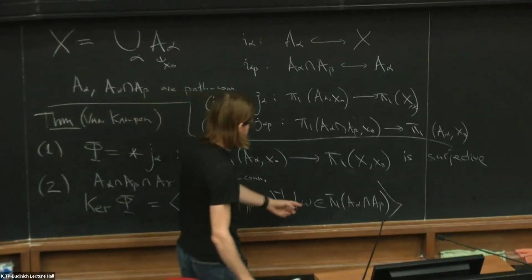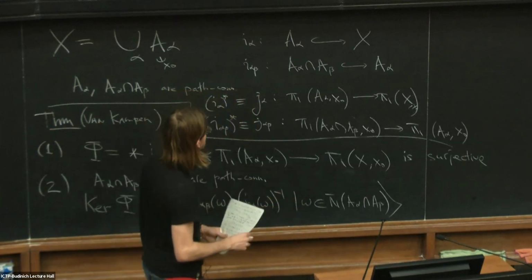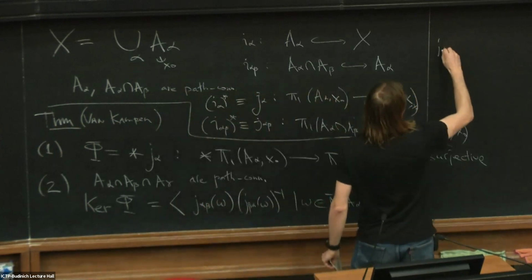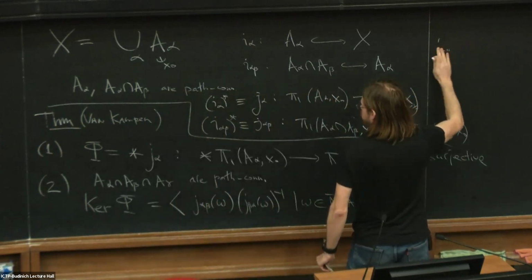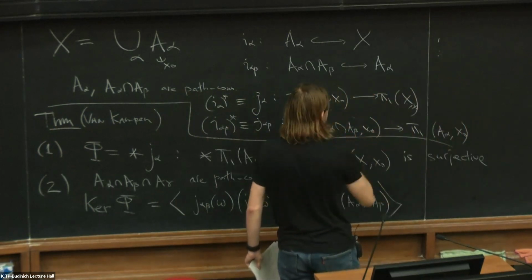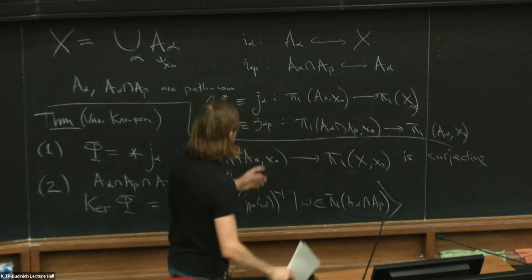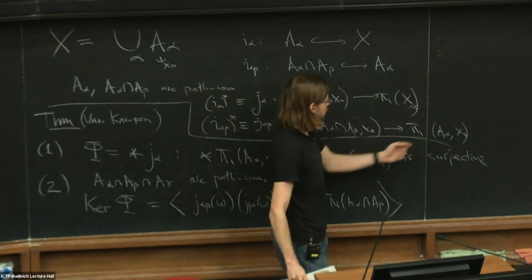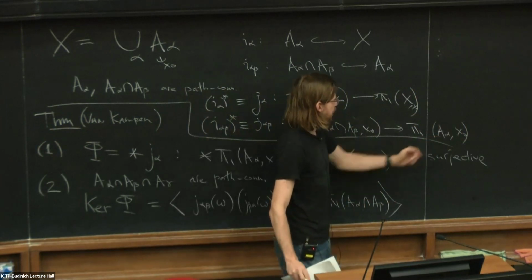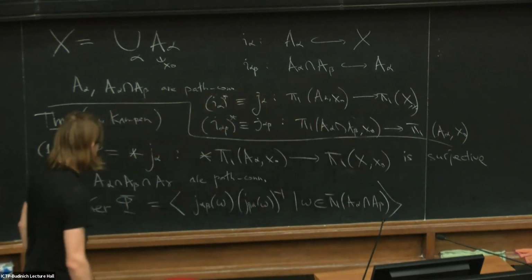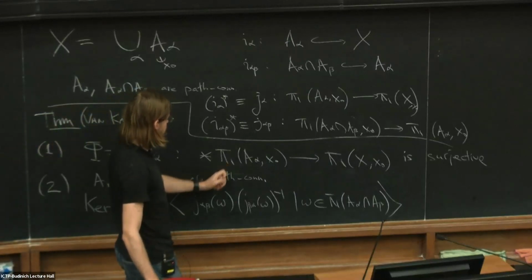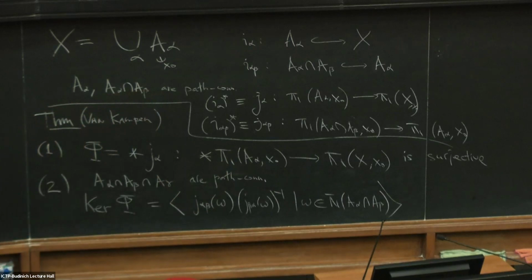Because from the intersection we have a pair of maps, J alpha beta maps you to pi1 of A alpha, and J beta alpha maps you to pi1 of A beta, and both of them are of course subgroups in the free product, right?